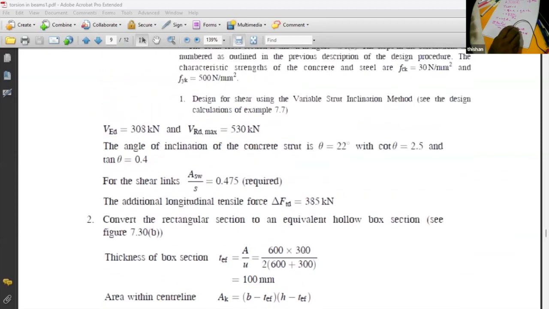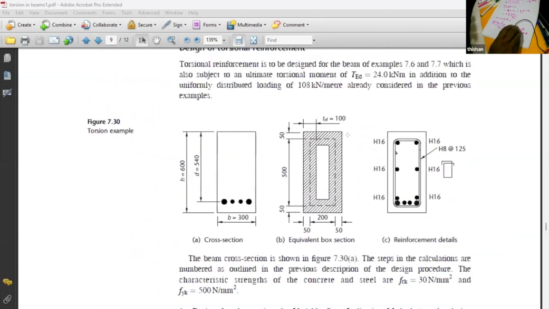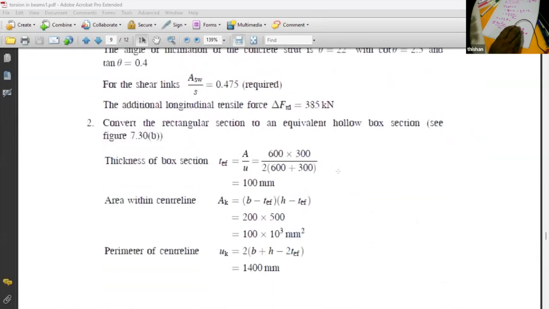b plus h is the actual dimensions, minus 100 this way, minus 100 this way. The equation is written as b minus t effective plus h minus t effective, multiplied by 2, because we are looking at the perimeter.